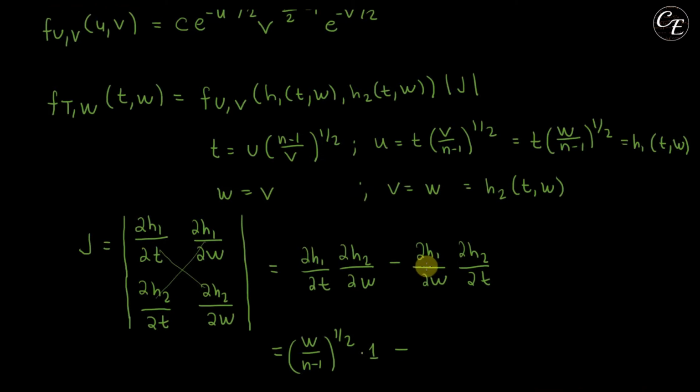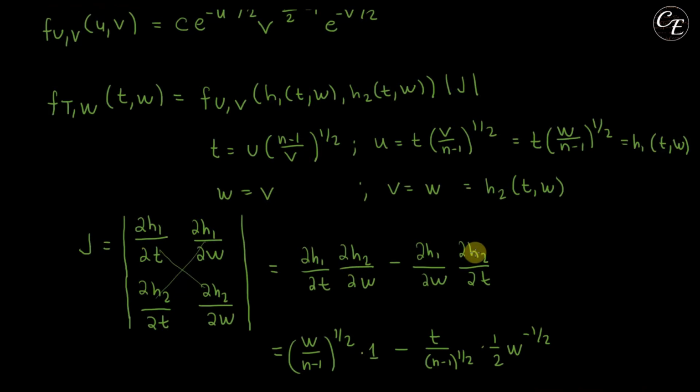The partial derivative of h2 with respect to W is just 1. Then the partial derivative of h1 with respect to W: we have the constant T over n minus 1 raised to 1/2, and the derivative of W raised to 1/2 is 1/2 times W raised to 1/2 minus 1, which is negative 1/2.